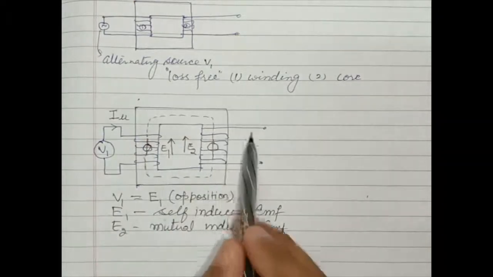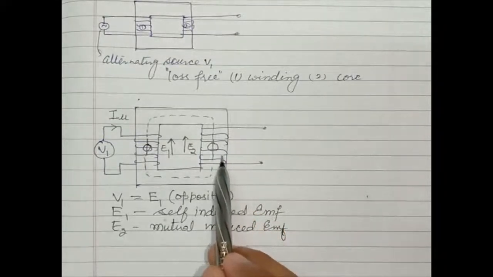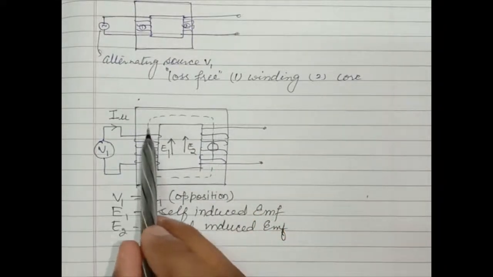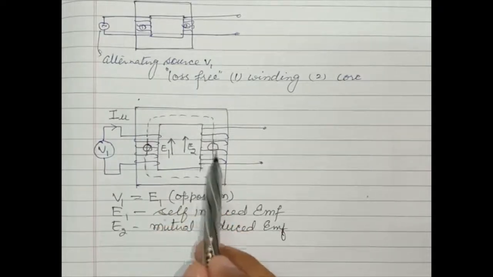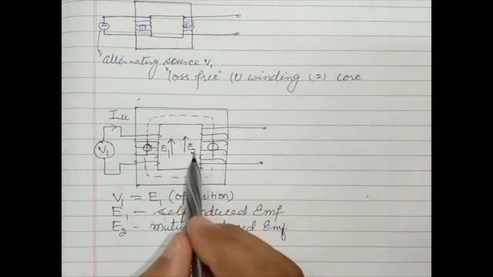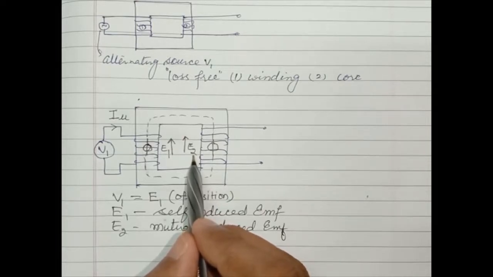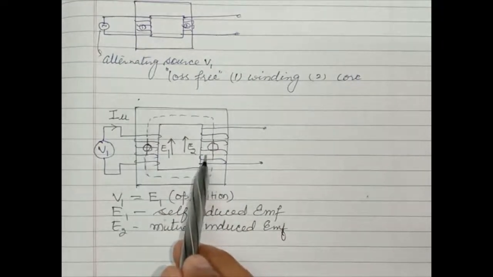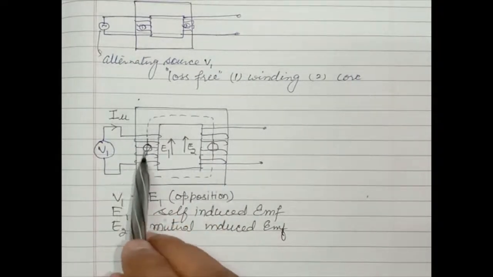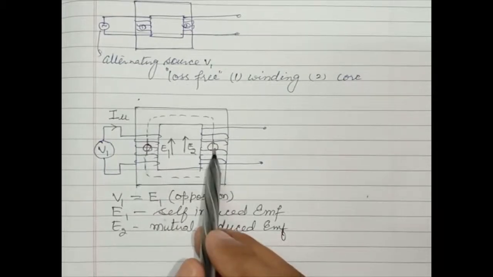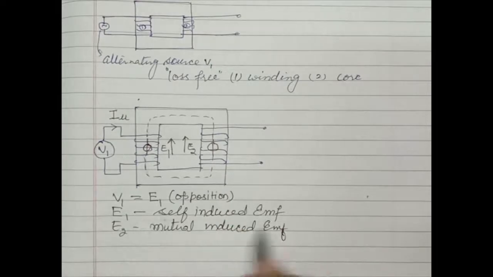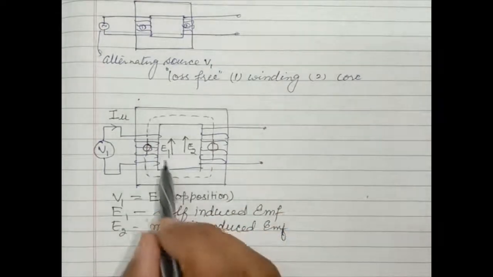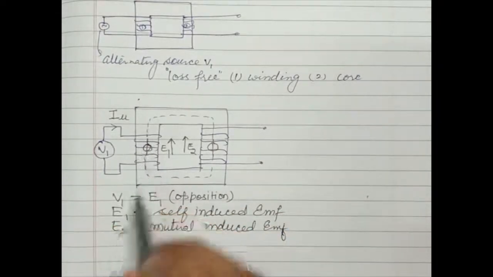In the secondary winding there is no flow of current, but this flux is linked with the secondary winding, so another EMF, E2, is induced because of mutual induction, or the mutual coupling between the primary flux and the secondary winding. So this is what E2 is. It means right now the circuit is purely inductive. So what will happen?